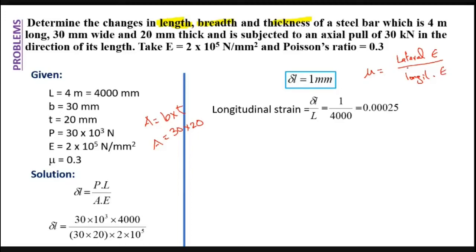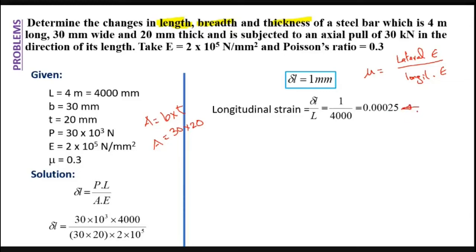So this is my formula. To identify this, let us use our related formulas. First, let us identify our longitudinal strain. Longitudinal strain is change in length by original length. So change in length is 1 mm, original length is 4000 mm. Substituting, we will get our longitudinal strain.